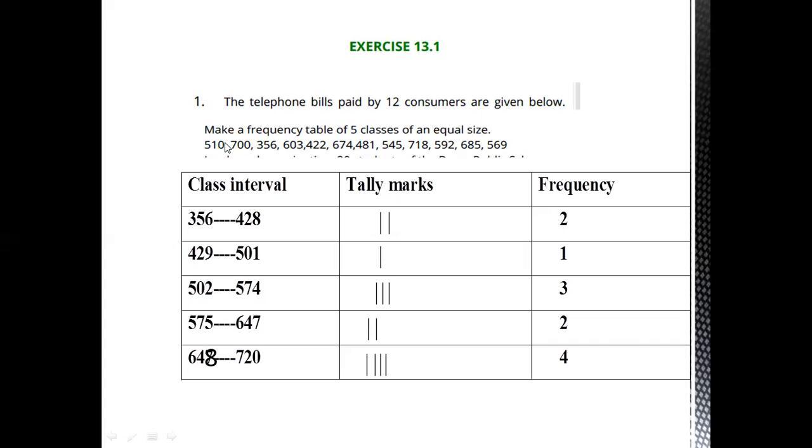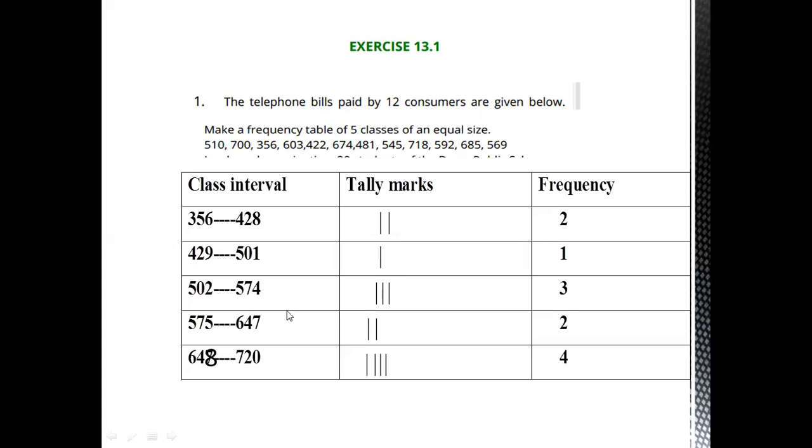Next is 545, the second number, it is less than 574. Next is 569, which is less than 574. So 3 is the frequency. 3 numbers are lying in this interval. For tally marks, you draw 3 lines.